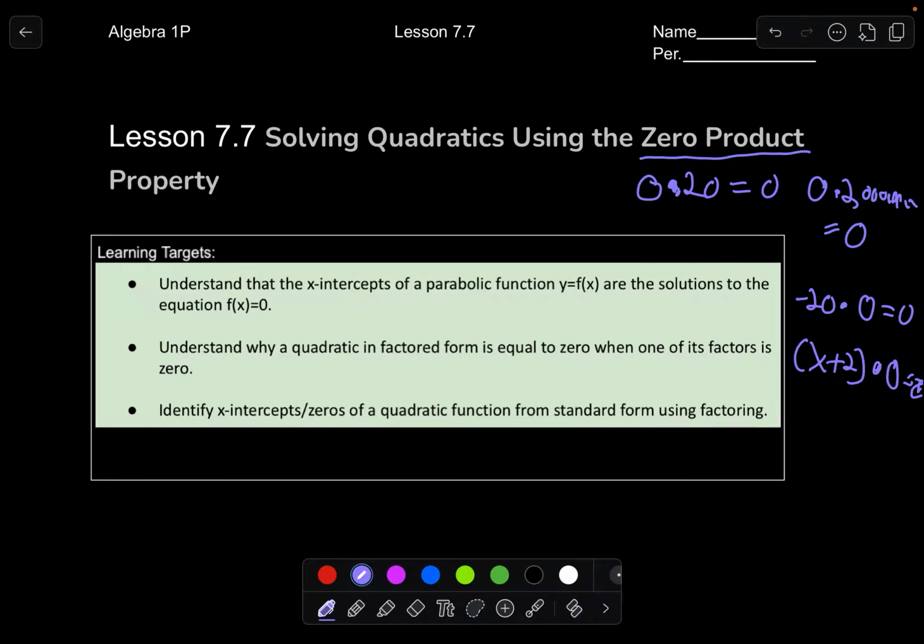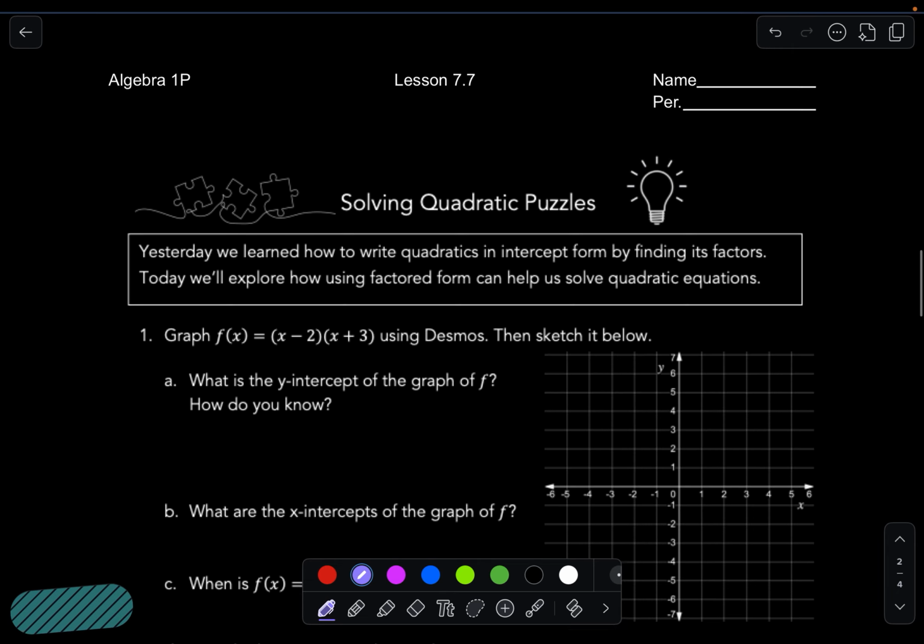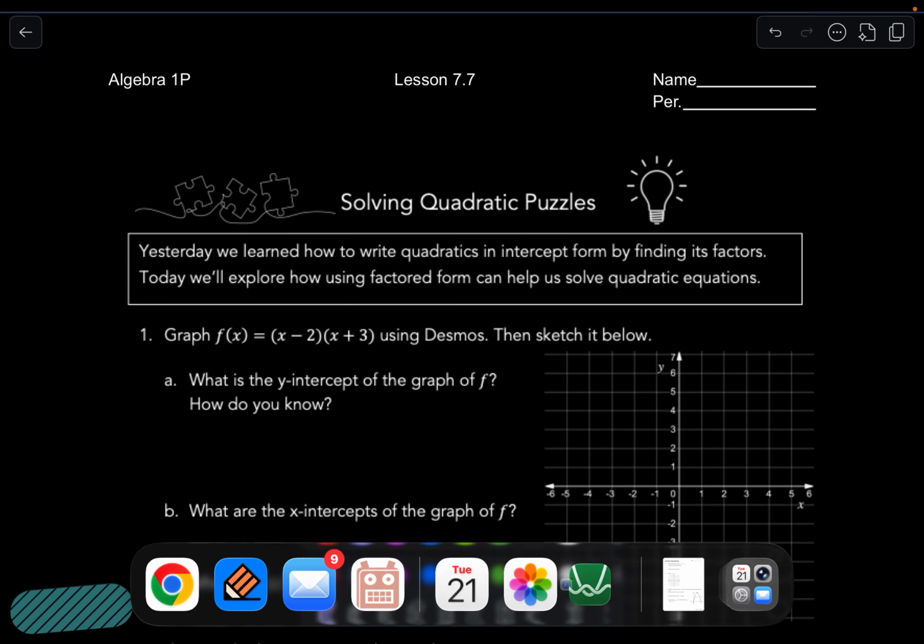All right, so going here. Yesterday we learned how to write quadratics in intercept form by finding its factors. Today we'll explore how using factor form can help us solve quadratic equations. So the first question is just to graph f of x equals x minus 2 times x plus 3 using Desmos.